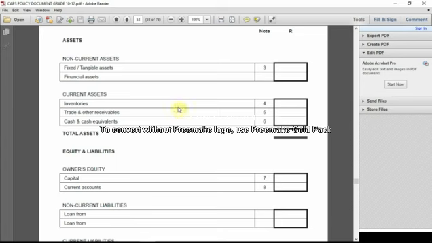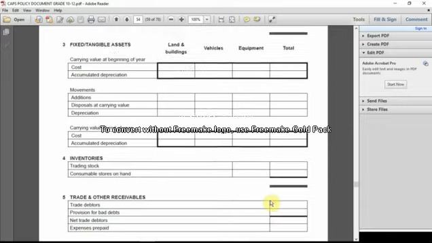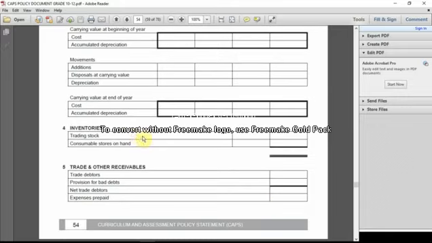So now inventories, let's go to note 4. It consists of our trading stock, usually according to the physical stock taking, and then also our adjustment for consumable stores on hand. That would be like maybe stationery. On the last day of the financial year, we count our stationery.